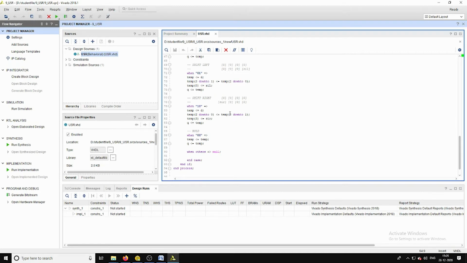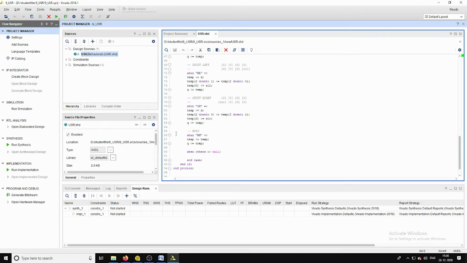The MSB bit is transferred to the next location of the vector, the highest bit is occupied with the serial right shift data, and the next bit is occupied with the temporary signal. In this way the operation continues. This is about right shift operation.